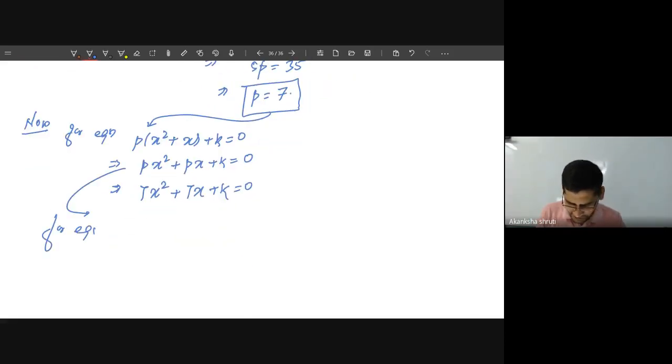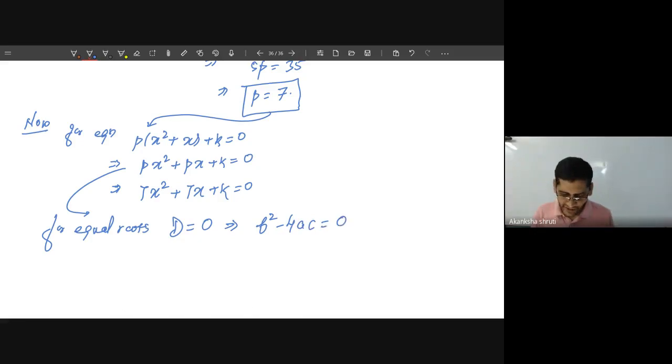So, for equal roots, D is equal to 0. This implies b square minus 4ac is equal to 0. Now here, what is b? I have already substituted the value of p, so it is 7. So it is 7 square minus 4 into a, which is again 7, into c, which is k, is equal to 0.